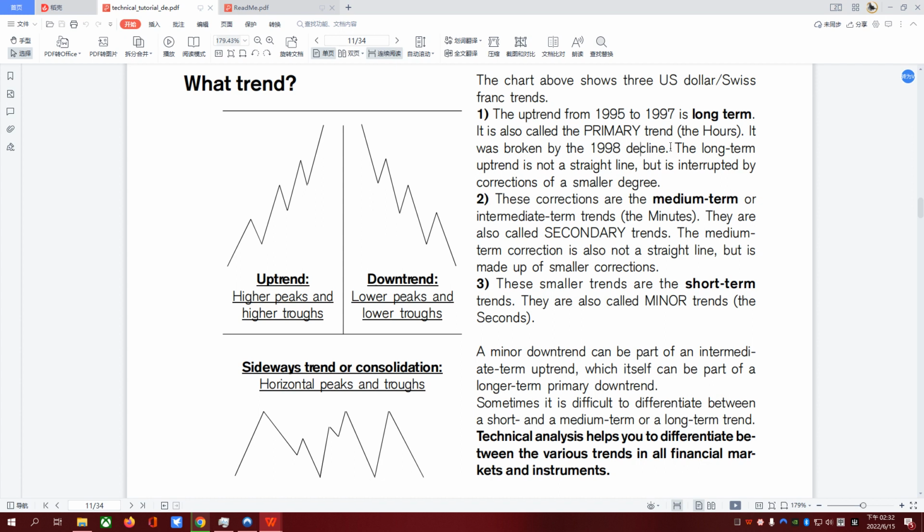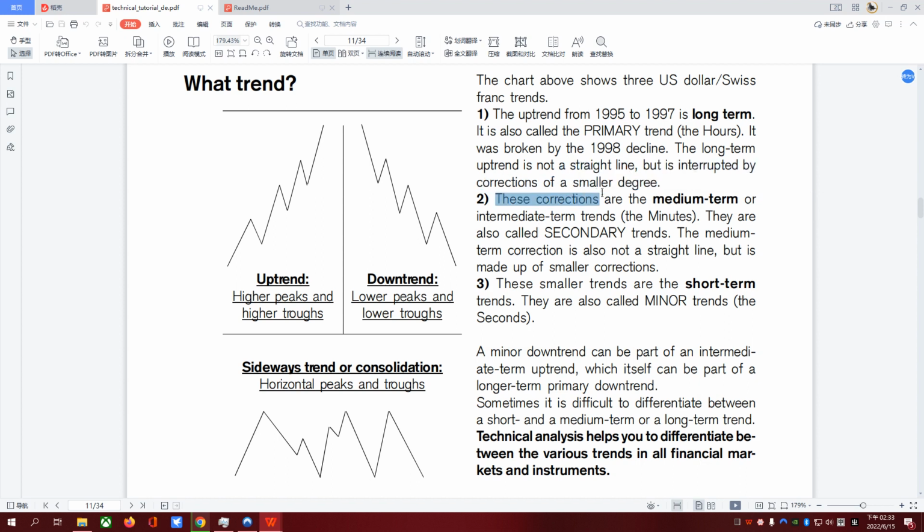The long-term trend is not a straight line, but it is interrupted by corrections of a smaller degree. If you have a very small capital amount, it's very likely that you're going to get wiped out because of the smaller corrections during this 1995 to 1997 primary trend.